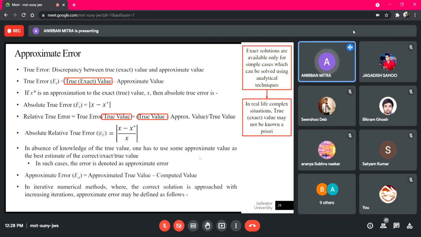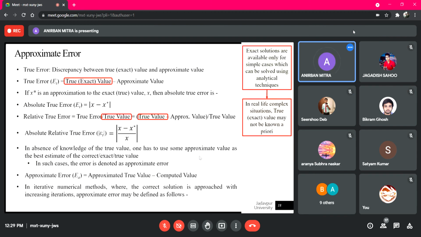One more thing to consider here is the case of iterative numerical methods. Numerical methods where the process is repeated a few number of times to arrive at a correct result. Not a correct result, an acceptable guess, an approximate solution. So how do we define iterative numerical methods?